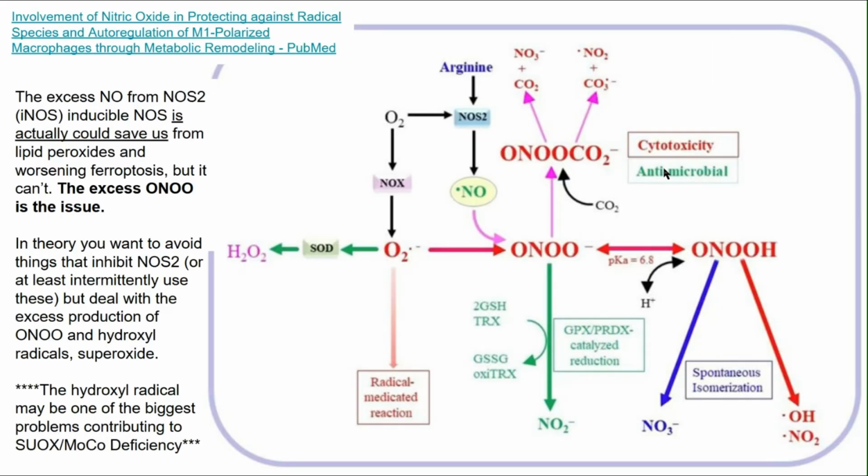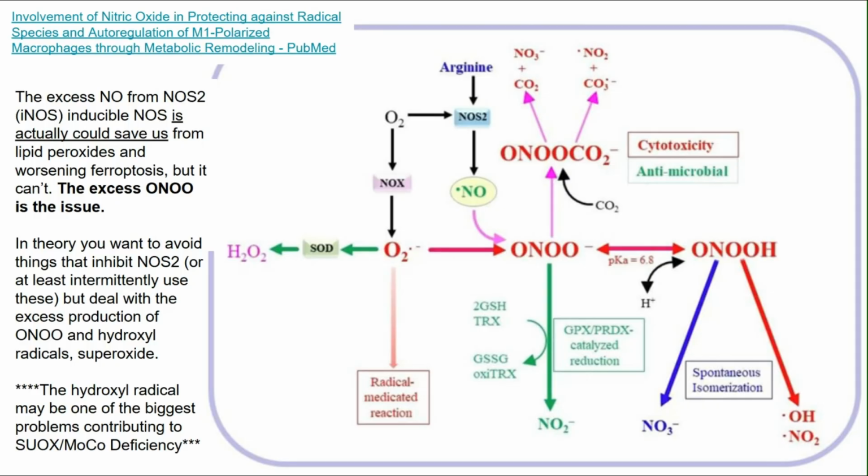So the excess nitric oxide from iNOS is what the researchers who studied these M1 polarized macrophages think could save us from lipid peroxides and worsening ferroptosis. But it can't, is what I'm trying to say there. The excess peroxynitrite is the big issue here.